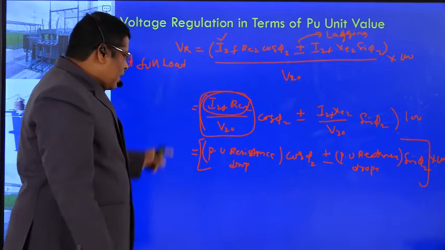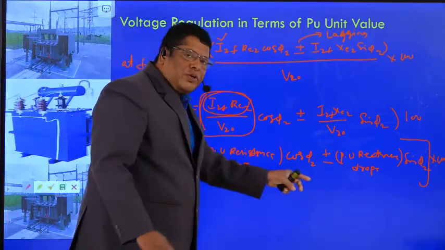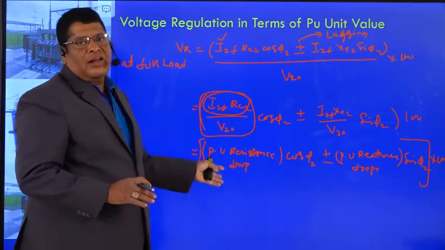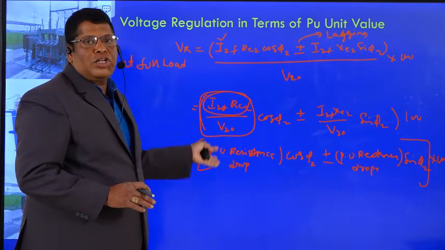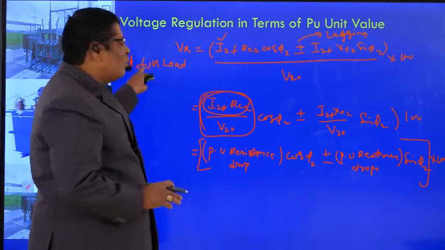Suppose the per unit values of resistance drop and reactance drop are given, then we can find out the voltage regulation of a transformer at full load.